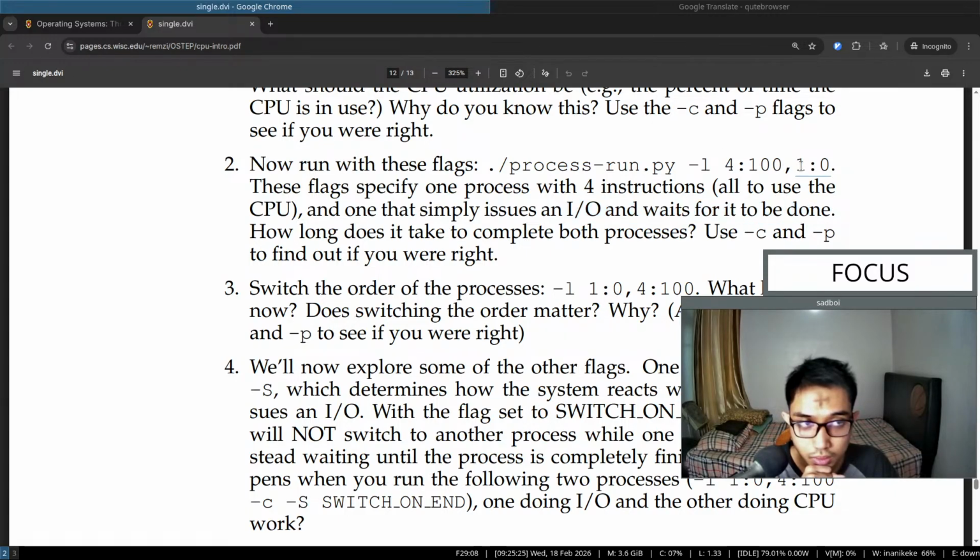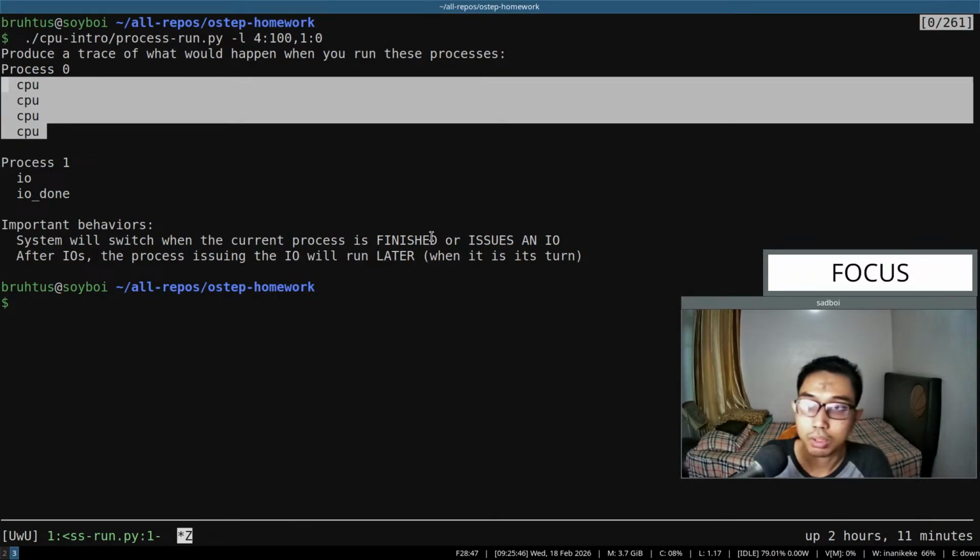Write this one. How long does it take to complete boot process? Complete boot process. Okay.